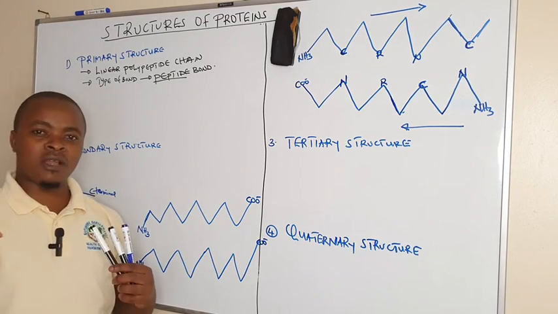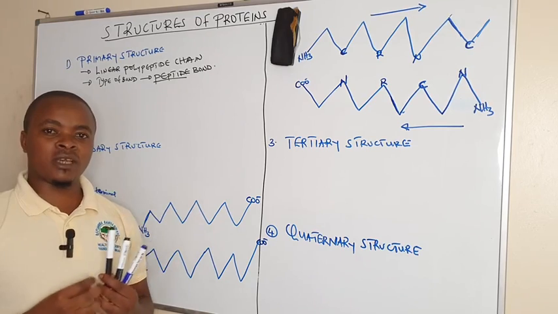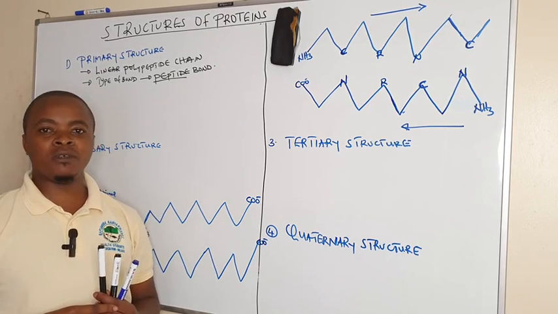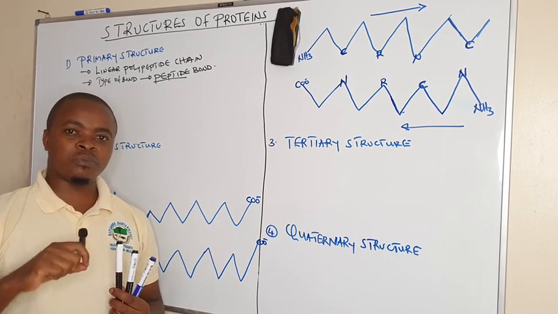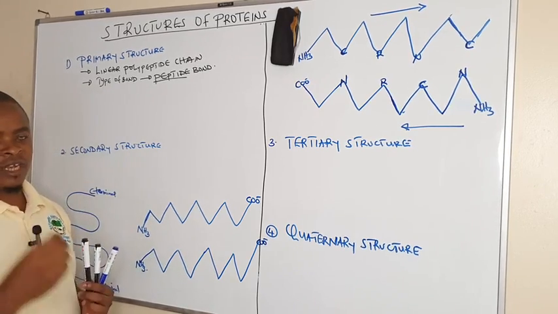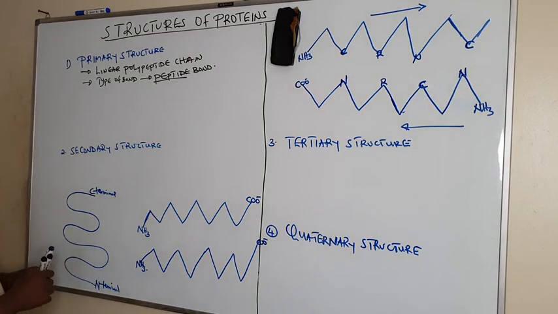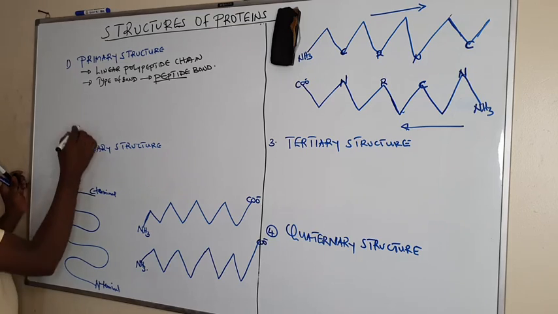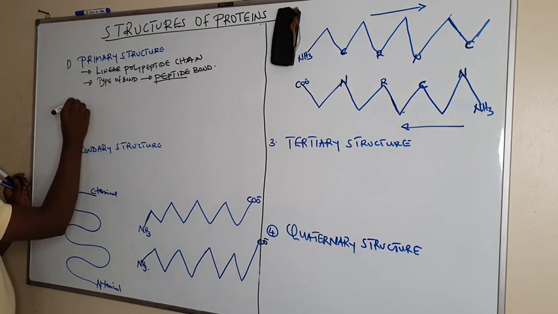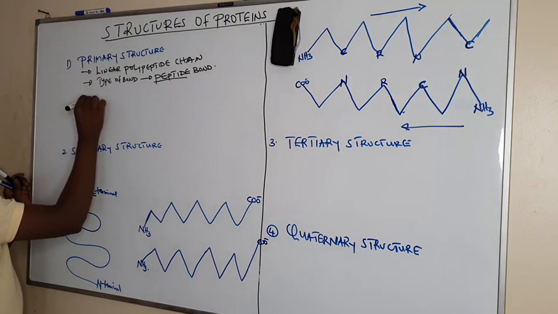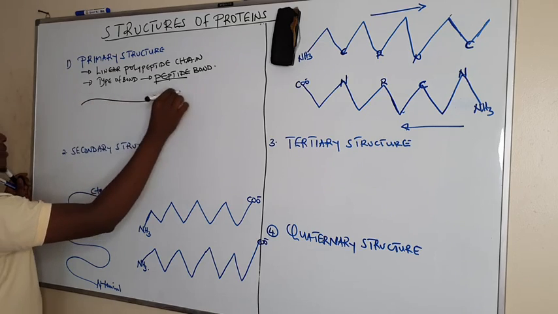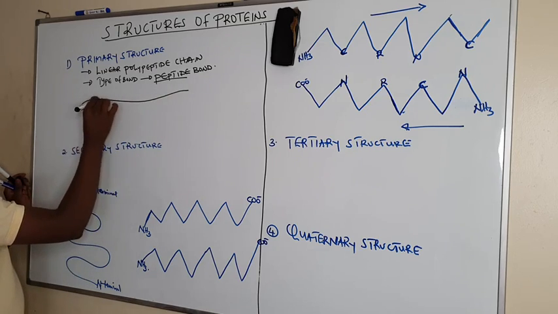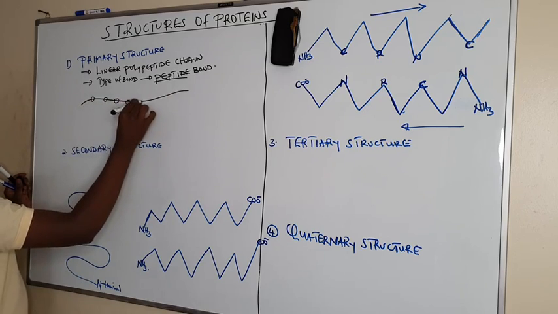So we have many amino acids being joined together by a peptide bond between the carboxyl group and the amine group of the incoming amino acid. If we have different amino acids, the linear polypeptide chain we are talking about is made up of many amino acids.